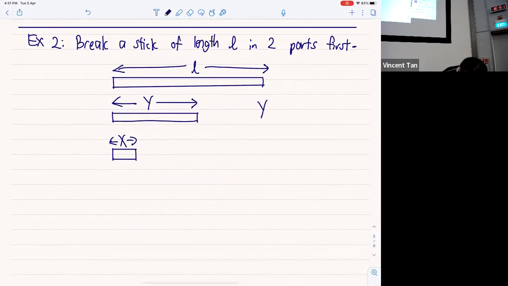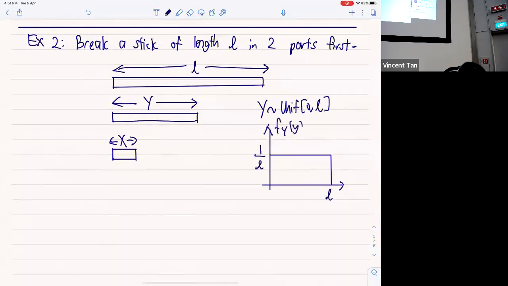Before that, Y is uniform on 0 to L, which means that the density is 1 over L, f_Y(y). So we collect the statistics. The variance of X given Y equals little y. This is one important parameter.